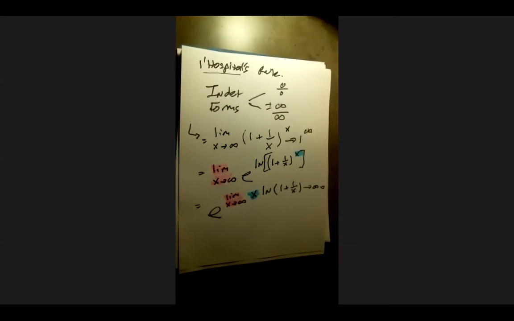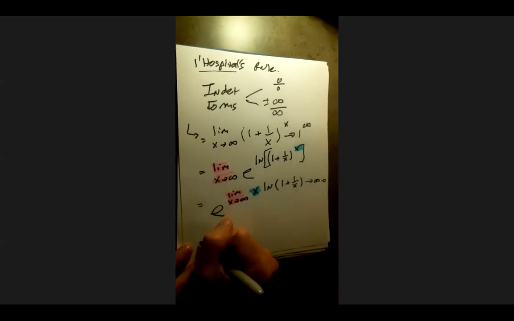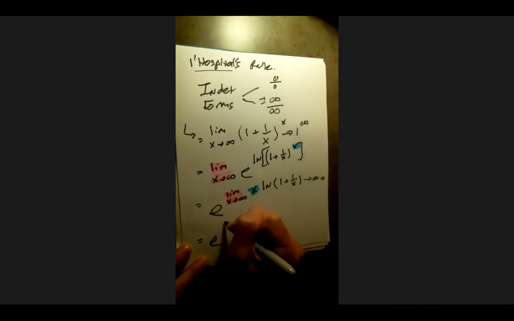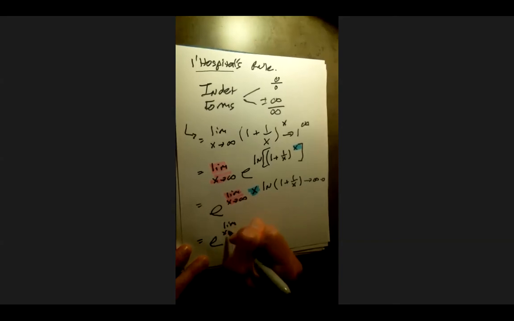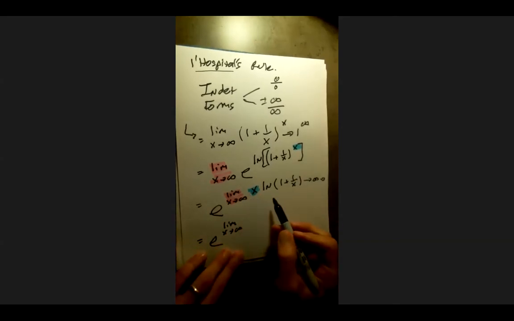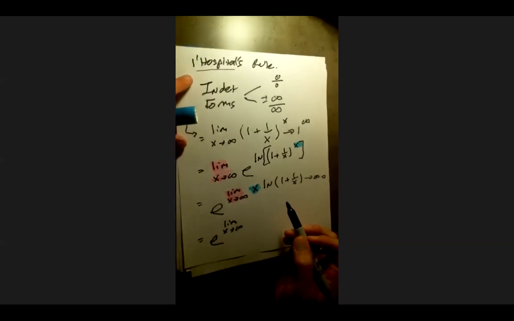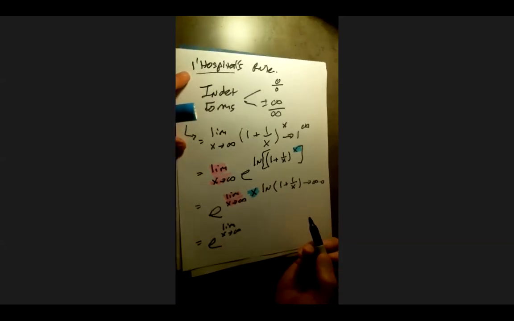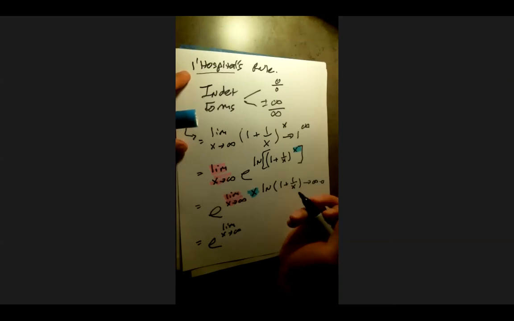We can't take our derivatives yet because it's not in the correct form for it. We have to still use our algebraic cleverness. How do we rewrite this thing so that we can apply L'Hopital's rule? I think we can take x to the x inverse, 1 over.